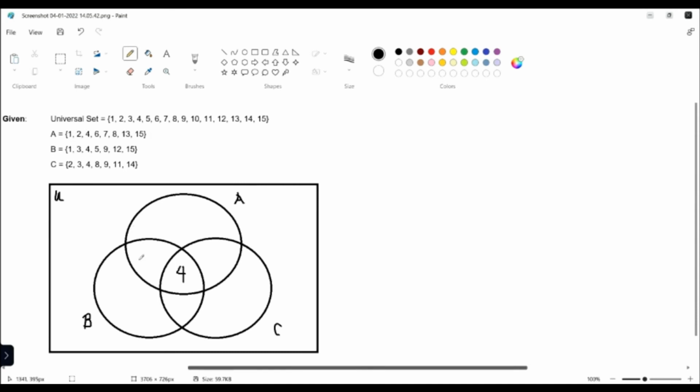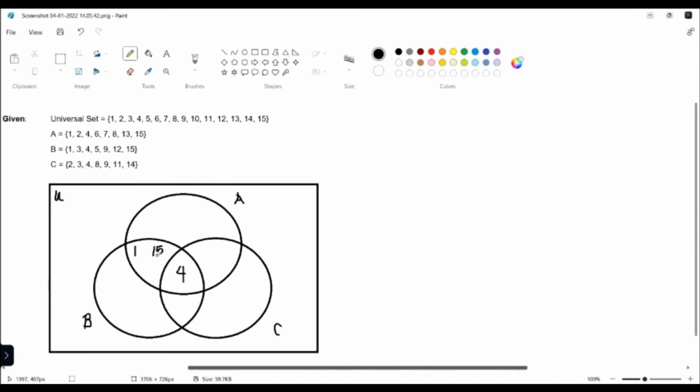We'll write 1 here. Just write anywhere, basta wag nyo silang too close para hindi magmukhang isang number sila. So we have 1 and 15. Okay. How about A and C?